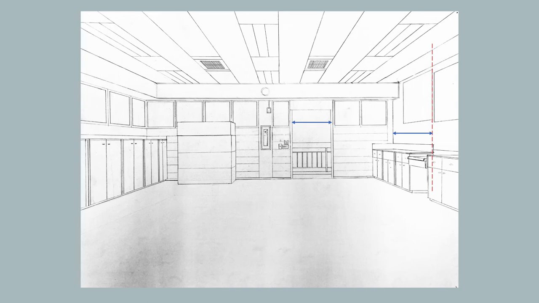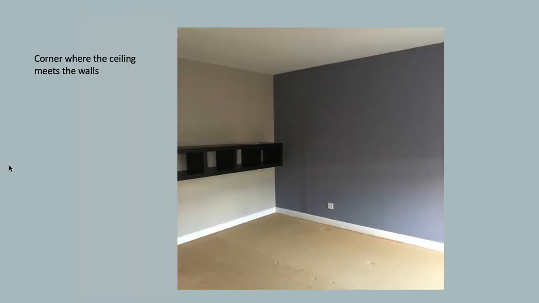Okay, so now an important thing about one-point perspective, which some of you had issues with in the drawings you did last week and the week before. Okay, so let me explain what I mean by that. So what I want you to do is, wherever you're sitting in your room, look up to a corner. So you face a wall, and then go to the right corner, or the left, it doesn't matter, and notice where the ceiling hits the wall.